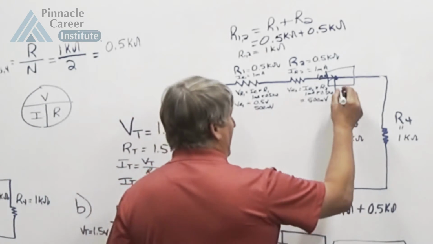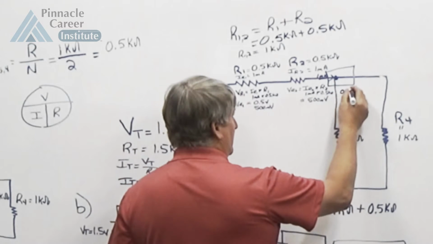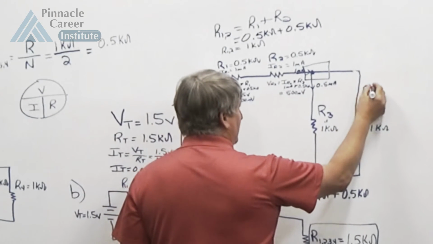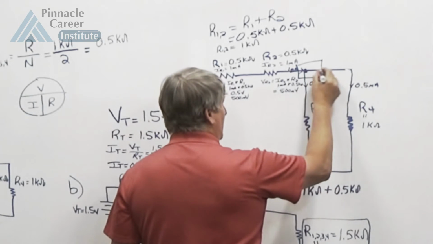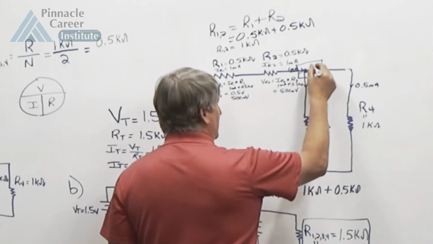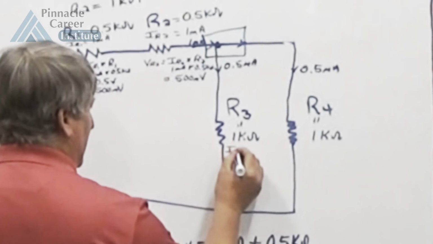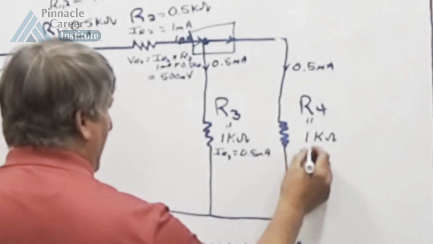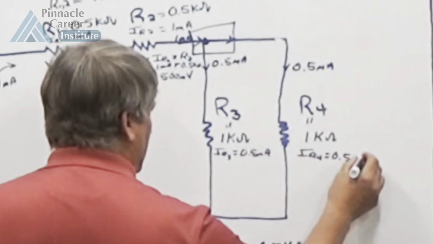Basically, I'm going to have 0.5 milliamps going down, or half of that current is going to go down, and 0.5 milliamps is going to come over here through R4. So half the current goes down, half the current goes through R4. So now we know IR3 equals 0.5 milliamps, and IR4 equals 0.5 milliamps.